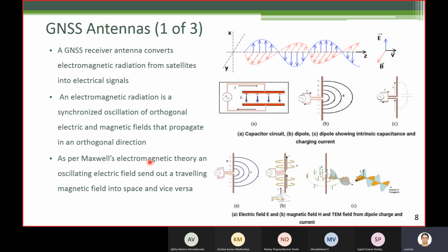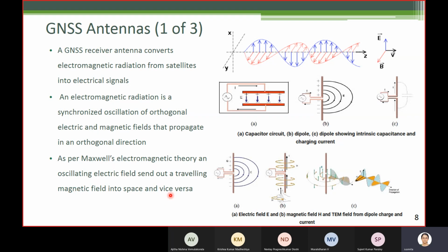When you have a traveling wave, it does not only alternate in time, it also travels distance. That's why it's called a traveling electromagnetic field. An oscillating electric field creates a traveling magnetic field. Similarly, an oscillating magnetic field generates a traveling electric field. This can be shown mathematically.